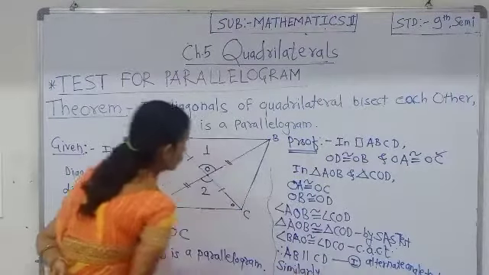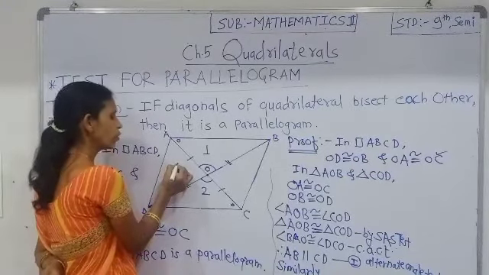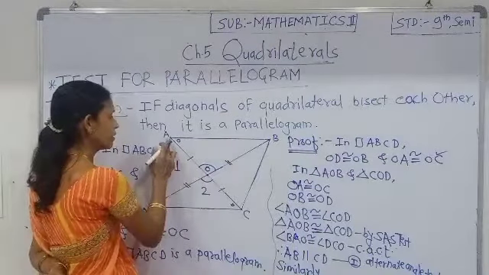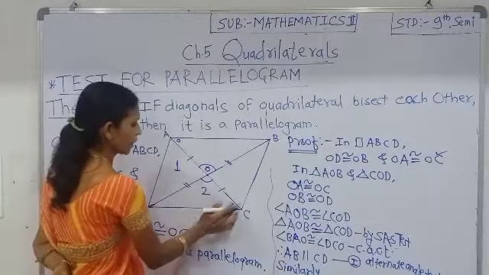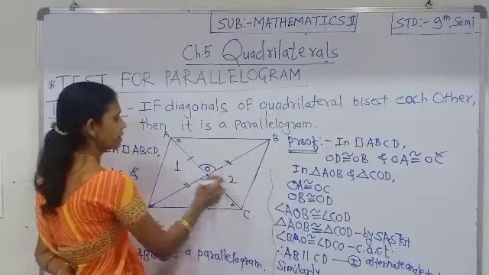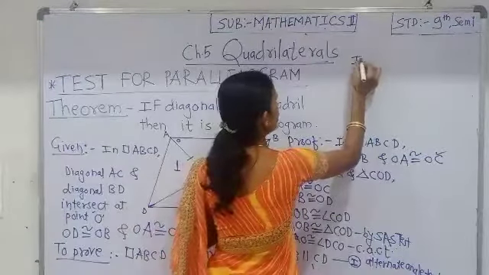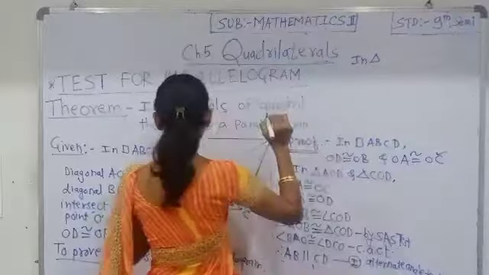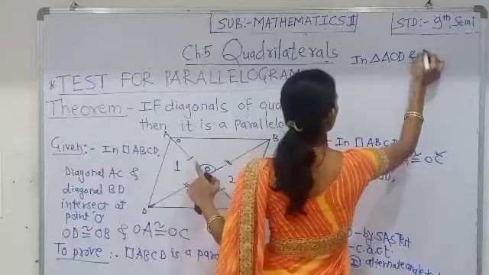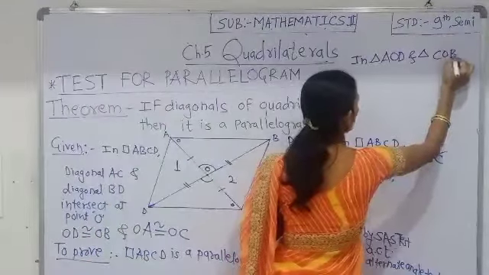Similarly we can prove the other pair. Now focus on triangle AOD and triangle COB.